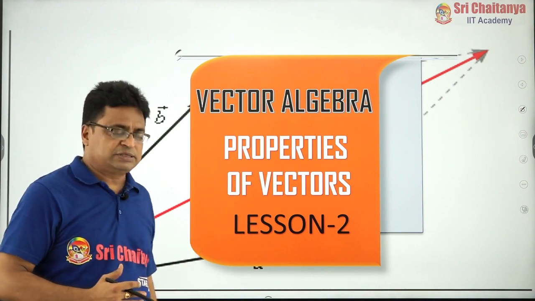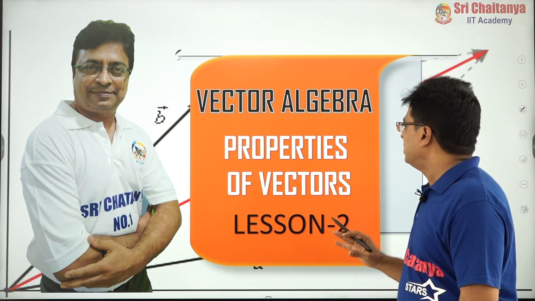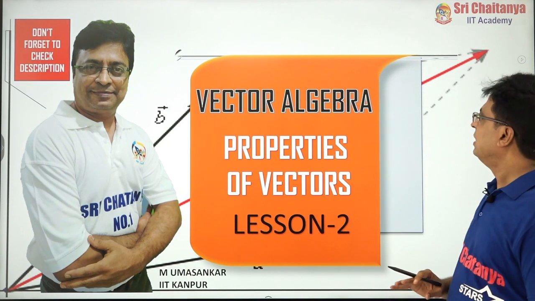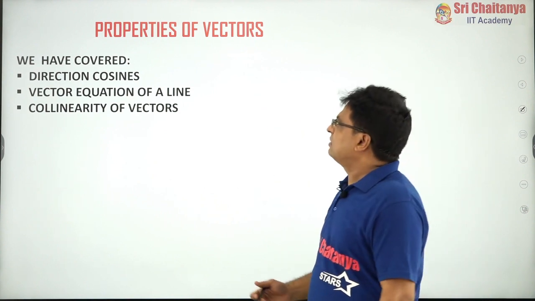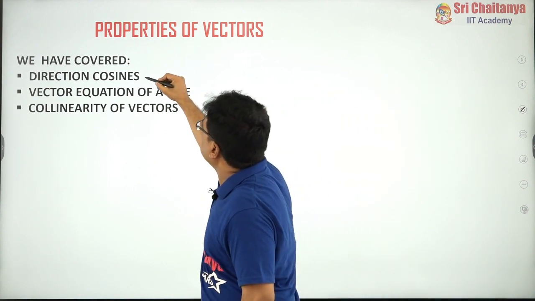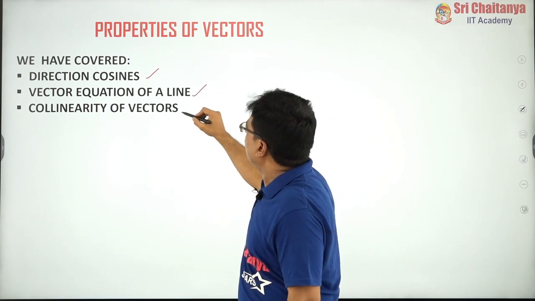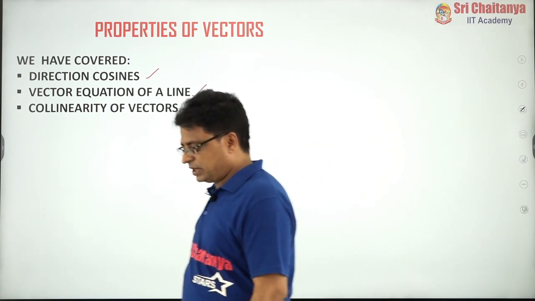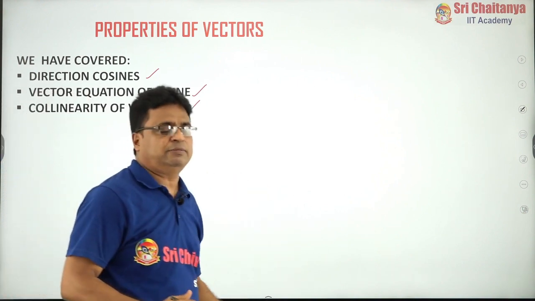So in lesson number 1, we successfully completed properties of vectors, and now through this lesson I am presenting the remaining properties of vectors. Of that, what are the direction cosines, vector equation of a line, and collinearity of vectors. Of course, collinearity and coplanarity we discussed in lesson number 1.